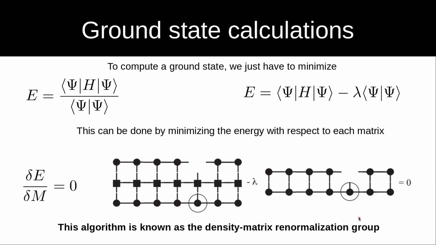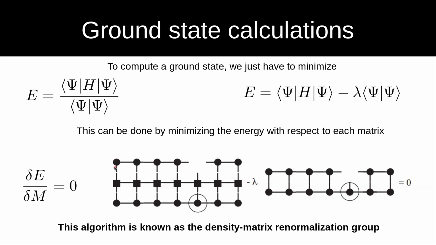And now what you can do is perform the derivative with respect to this side, find the eigenvalues and eigenvectors that minimize this equation, update this side, then perform the derivative with respect to another node, and another one, and another one, and so forth. And this iterative algorithm that minimizes first one matrix, then another matrix, then another matrix, and so forth, is called the density matrix renormalization group algorithm.